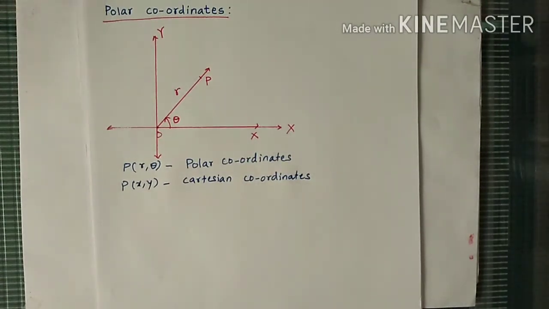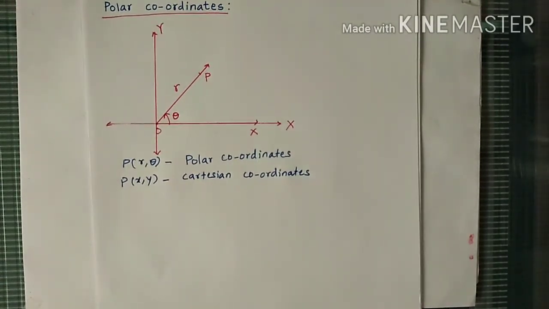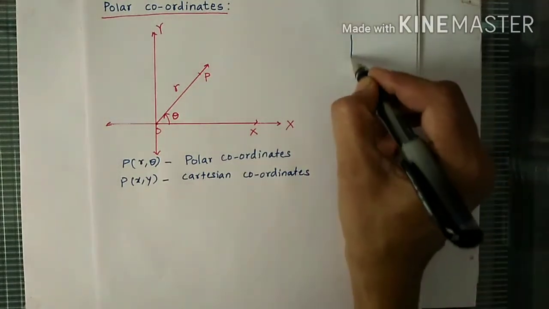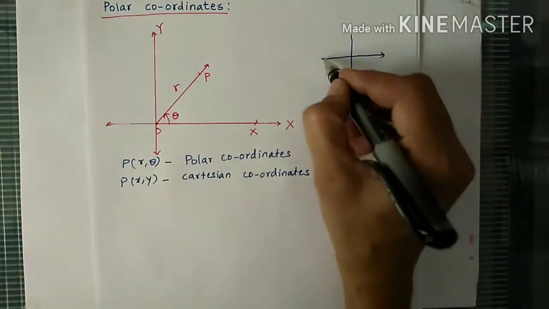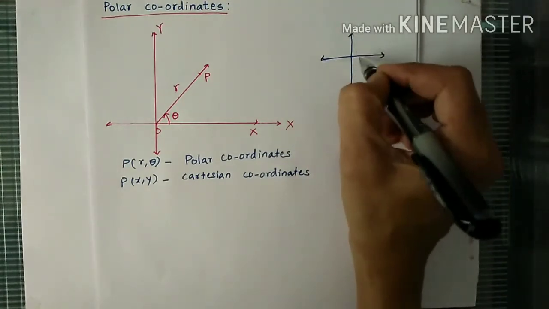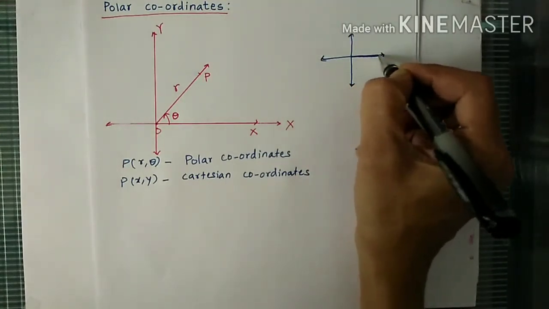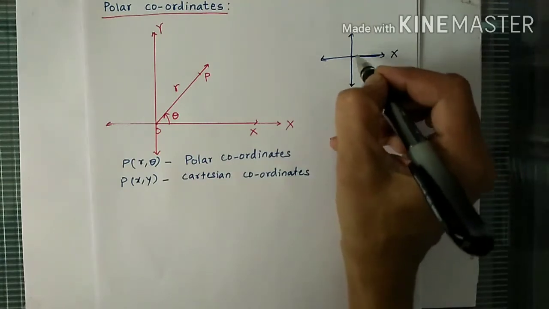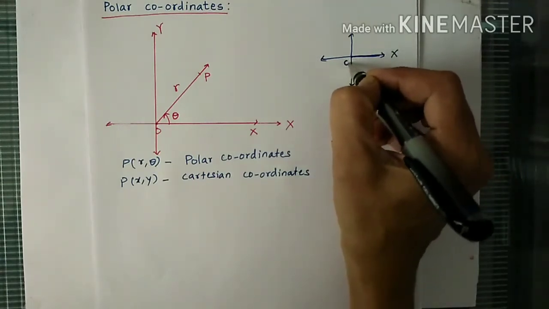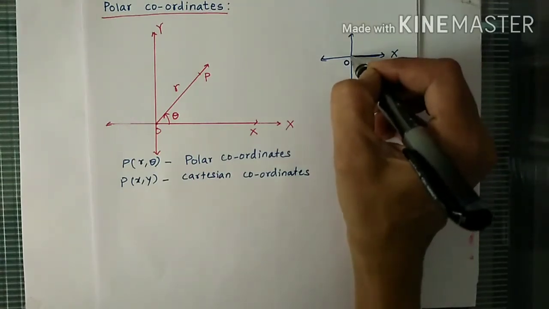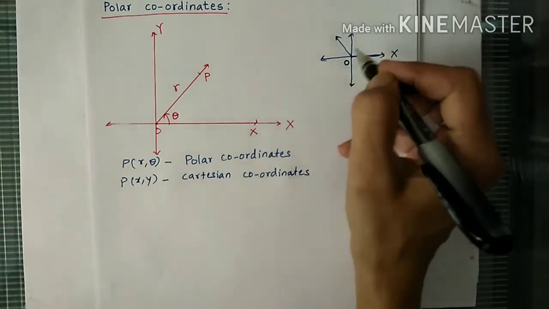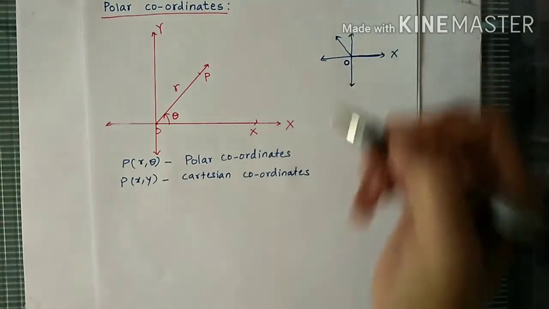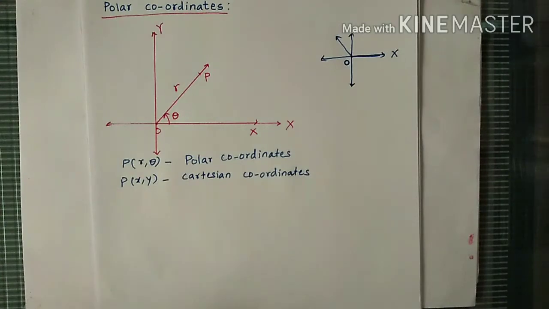Last year, we studied angle in standard position. So what is an angle in standard position? An angle in standard position is such that the initial ray is along the positive x-axis and the vertex of the angle is at the origin. The terminal ray may lie in the first, second, third or fourth quadrant, or it may lie along the axis.